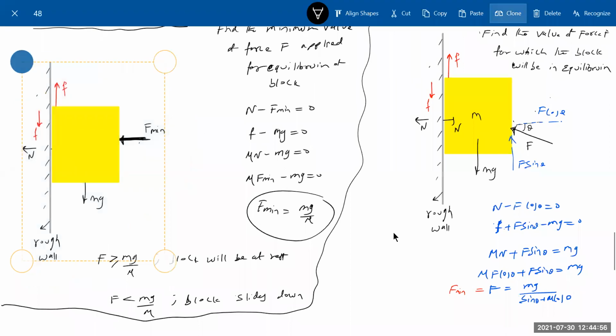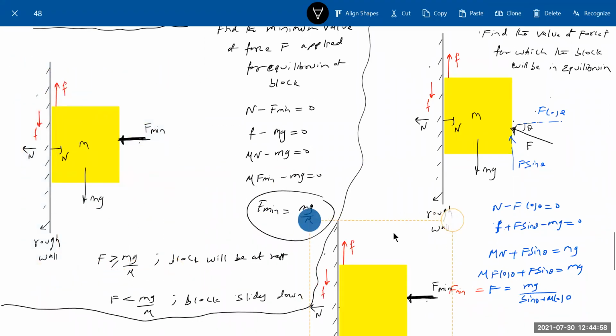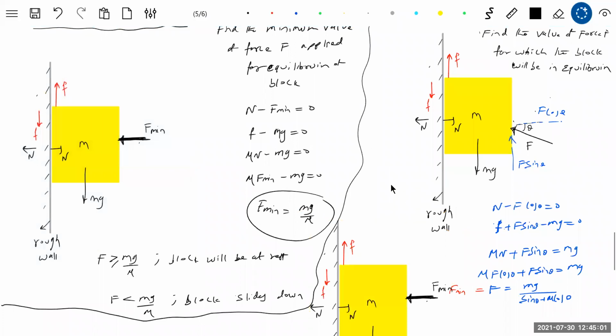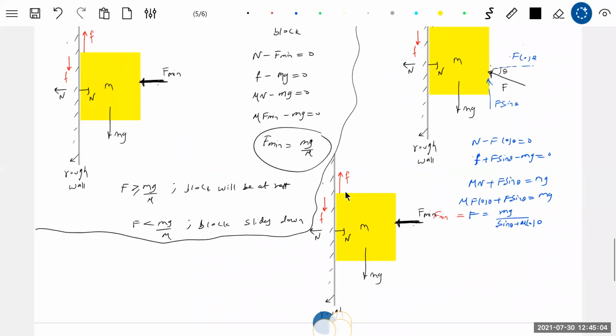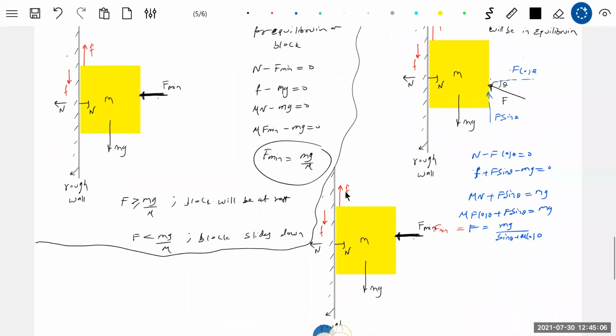Here the same thing, the force is applied, the same push force. Now this I should call F max.